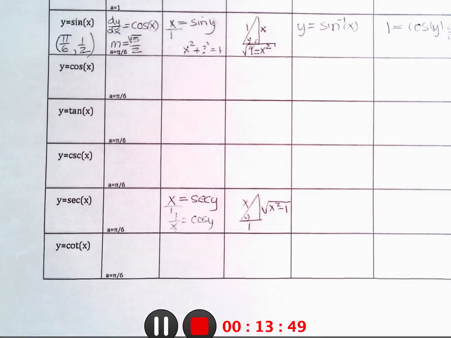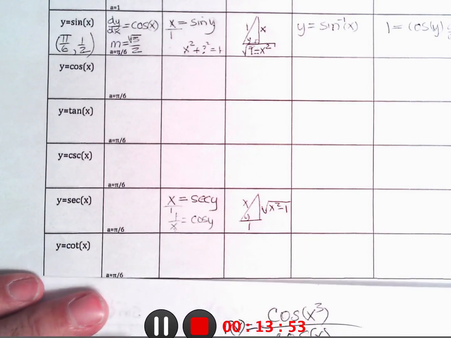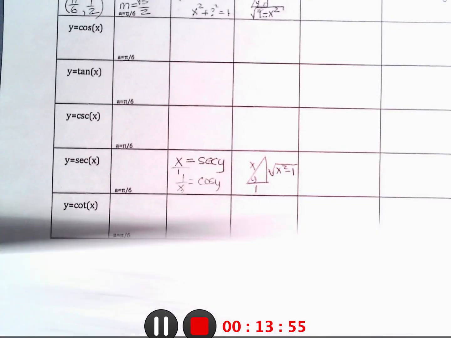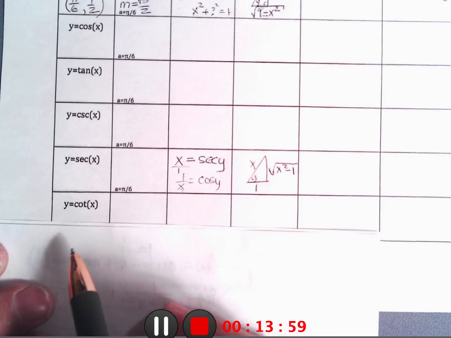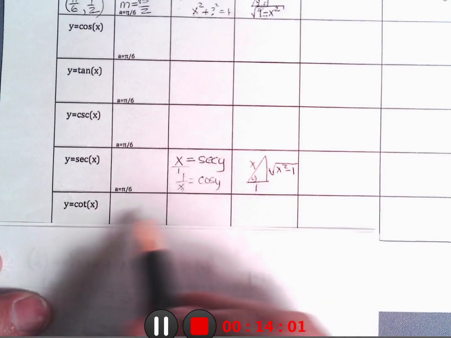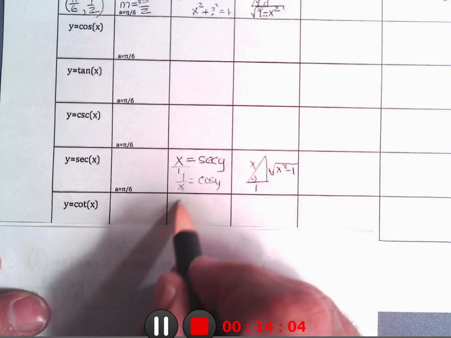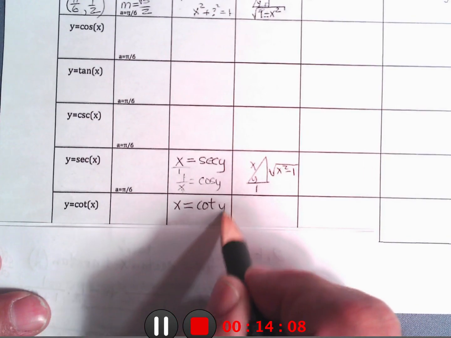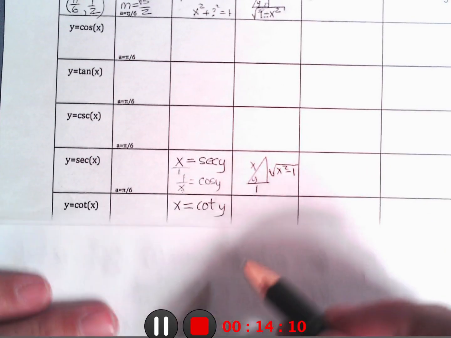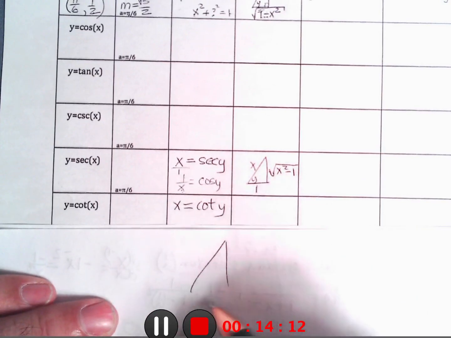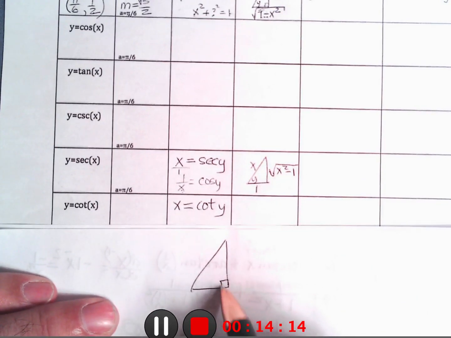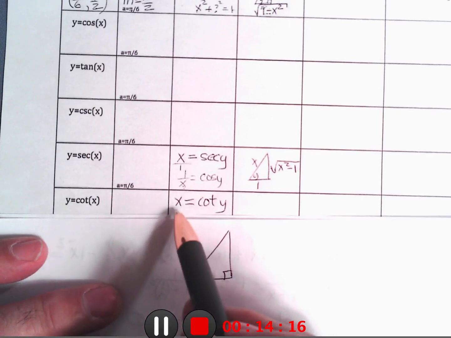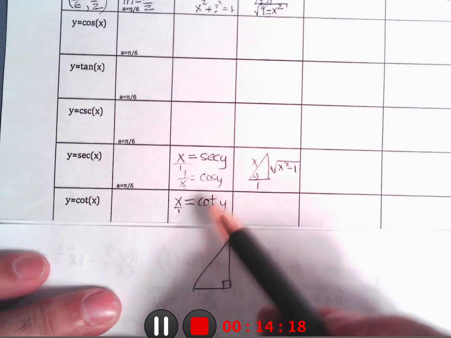I'll do one more. I'll do the cotangent. So let's go here. So if I have the cotangent, and I swap them, I get x equals cotangent y. If I make a triangle, and this is x over 1, the cotangent is the reciprocal of tangent.